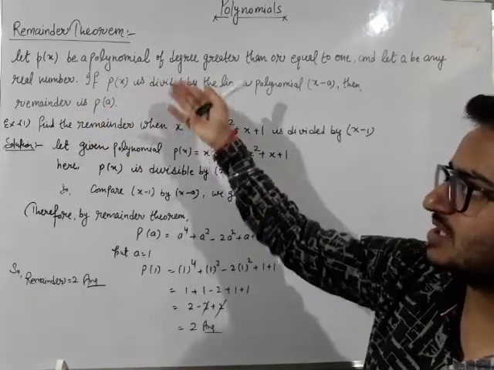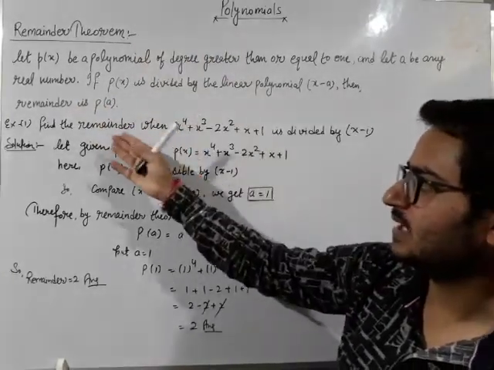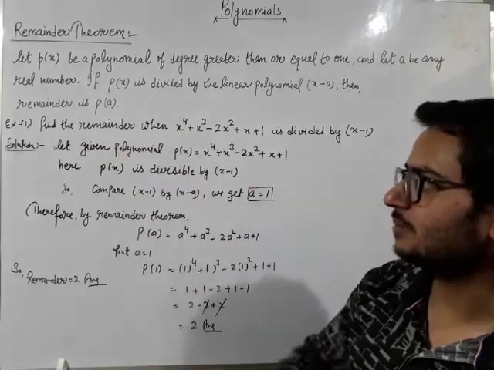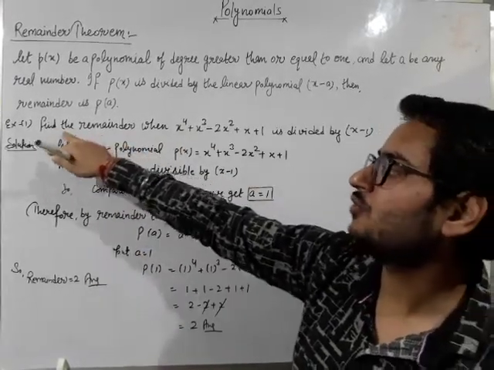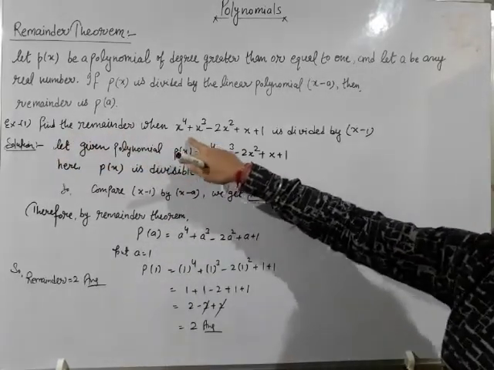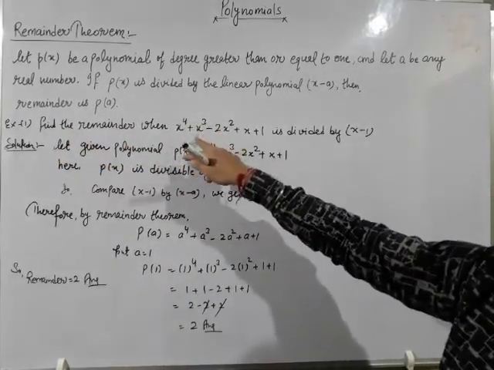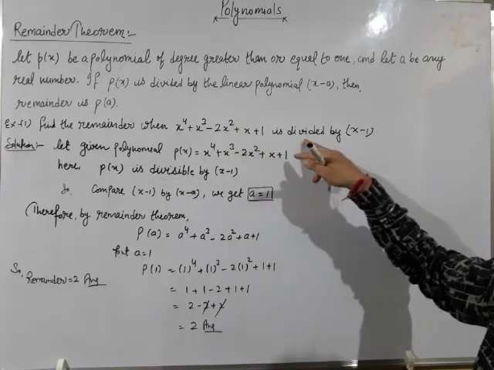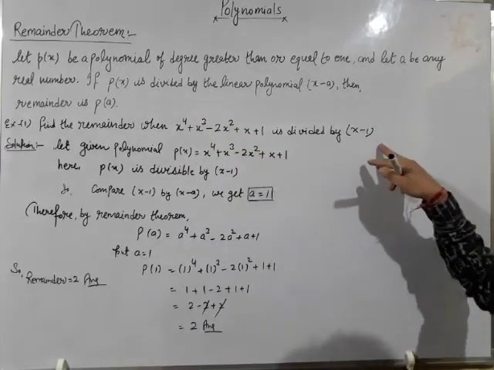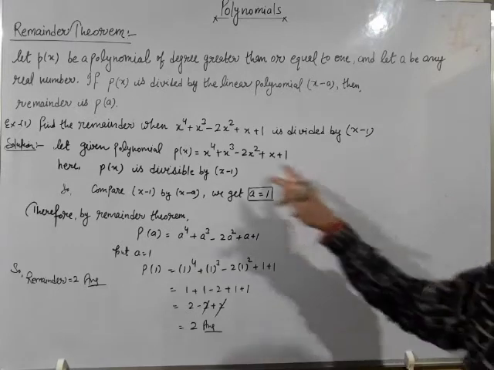We will understand this remainder theorem in detail with the help of this example. This is NCERT example number 1. Find the remainder when the polynomial x raised to the power 4 plus x cube minus 2x square plus x plus 1 is divided by the linear polynomial x minus 1.